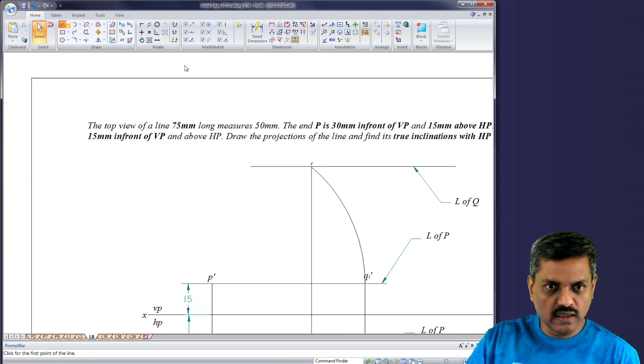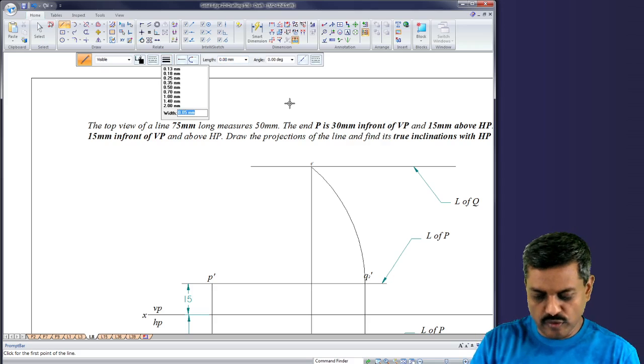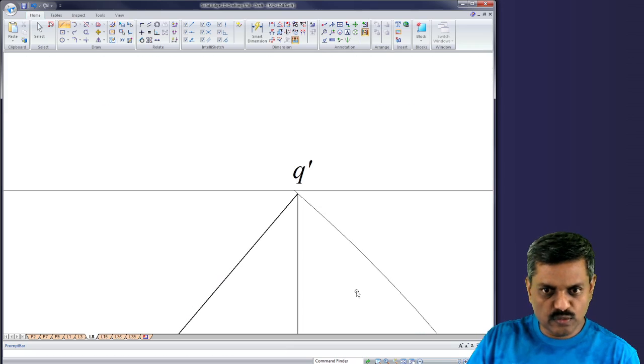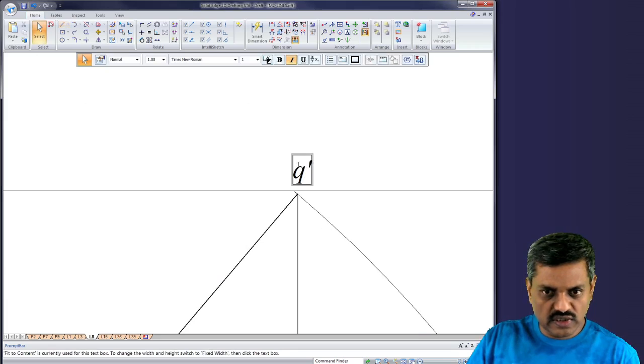So take the line command, then make it 0.4 mm. This seems to be smaller. Let me check out the size, the font size. It should be three.